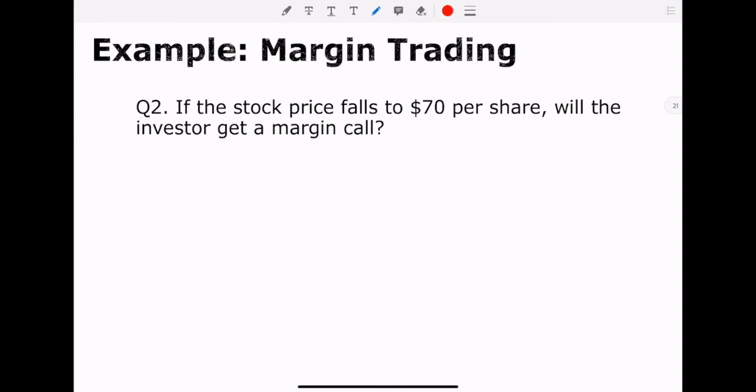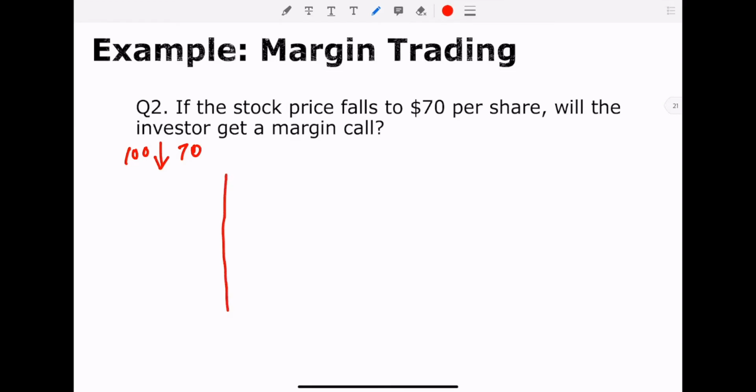So this time, the stock price falls from $100 to 70. Now let's stick to the balance sheet approach. Let's see how this investor's balance sheet will look if the stock price decreases to $70 per share.